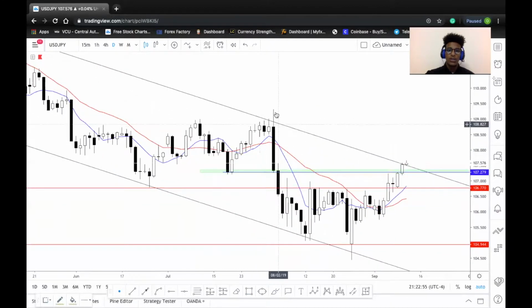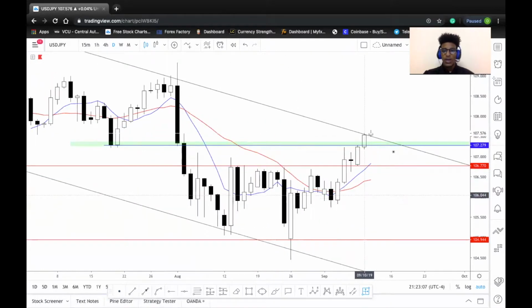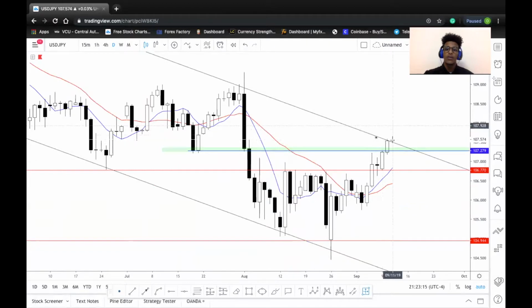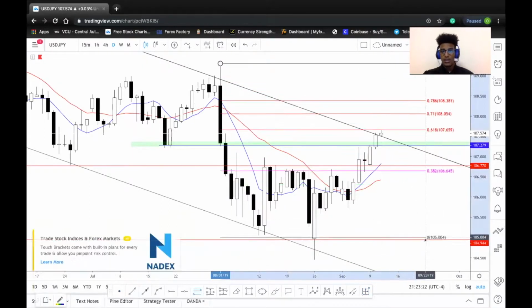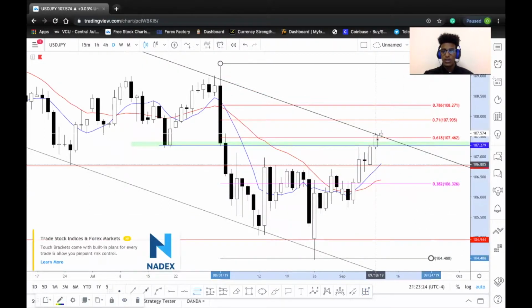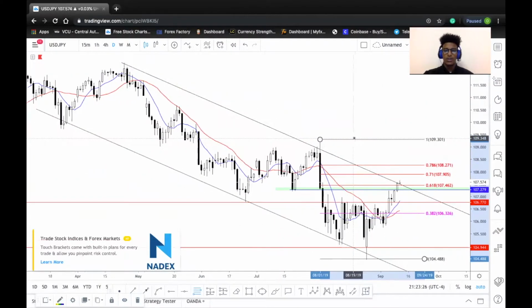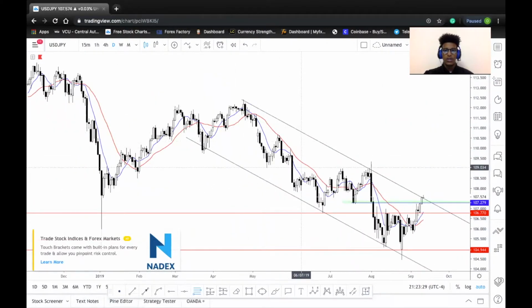For example, you guys can see right over here, we had price go about, let's measure this, about 40 pips above this trend line, and it came right back down and closed. Again, if we have strong impulse to the upside, we can wait for a retracement and execute some buying positions. If we get that rejection candlestick, we can look to sell this down. Bringing out our Fibonacci tool, I believe we are testing around the 61. Let's see how this plays out. Again, we are still in a downtrend.